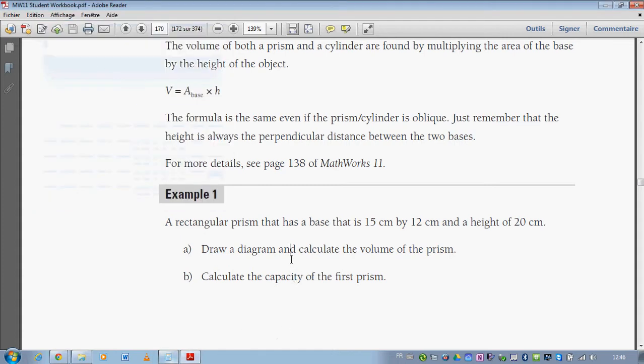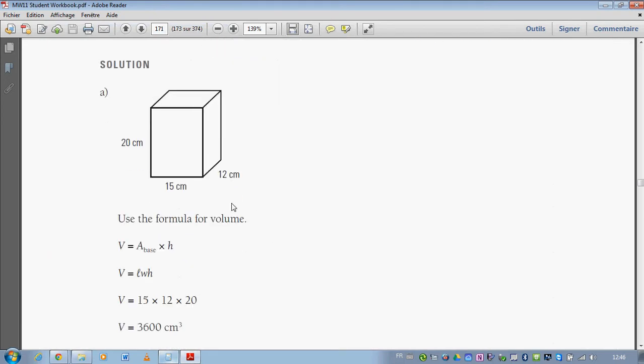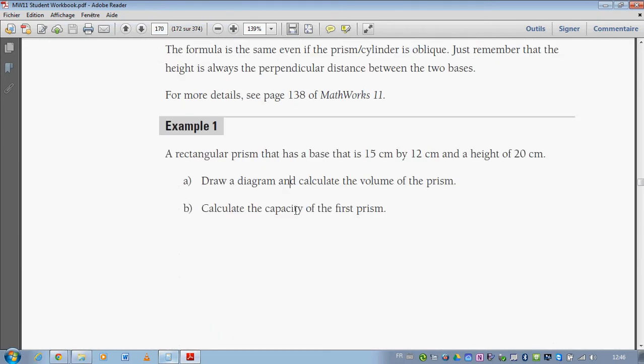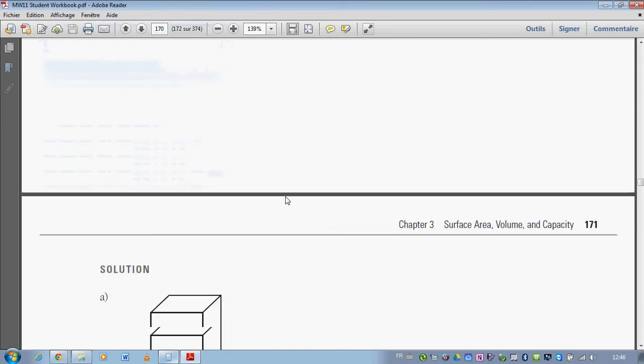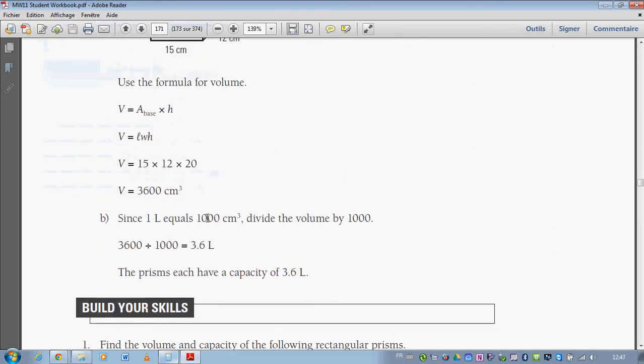If it's 1,000 centimeters cubed for each 1 liter, then you take your 3,600 and divide it by 1,000. So technically, you should be able to fit 3.6 liters in there. That's what your workbook shows you. Since 1 liter equals 1,000 centimeters cubed, you divide 3,600 centimeters cubed by 1,000 to figure out how many liters you can fit in there. So the prism has a capacity of 3.6 liters.